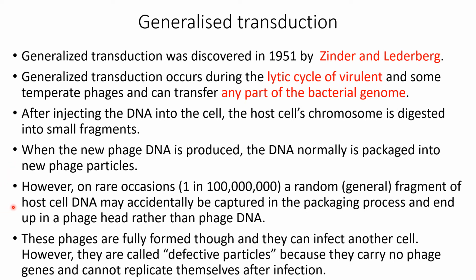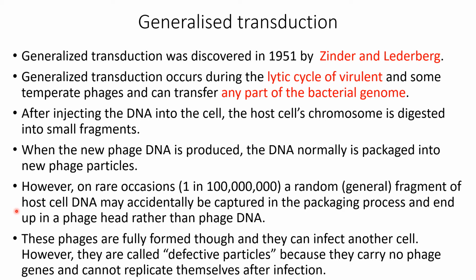Now in the third stage, a rare event happens. What is it? On rare occasions, that is 1 in 10 to the power of 8 cells, one cell might undergo this rare event. A random fragment of bacterial DNA may accidentally be captured in the packaging process and end up in a phage head with the bacterial DNA rather than the phage DNA.